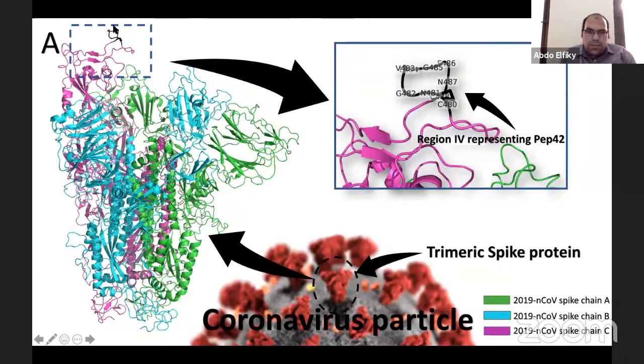You can see here, this is a black ribbon. This black region is cyclic, so it resembles the Bip42. Bip42 is a cyclic peptide that was used before as an anti-tumor agent, as GRP78 is overexpressed in some types of tumors.